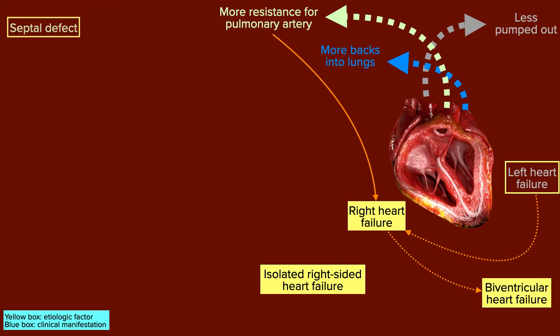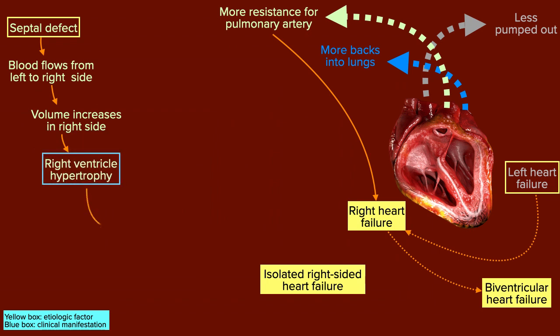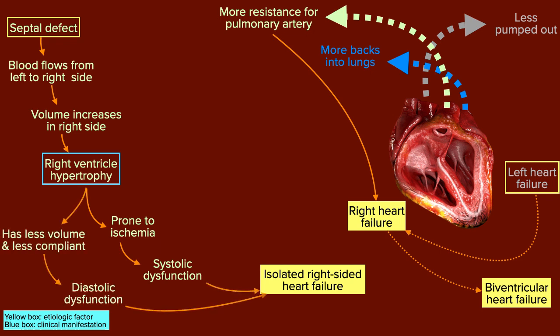In these cases, there might be a cardiac shunt like an atrial septal defect or a ventricular septal defect that allows blood to flow from the higher pressure left side to the lower pressure right side, which increases fluid volume on the right side and can eventually lead to concentric hypertrophy of the right ventricle, making it more prone to ischemia, which is a systolic dysfunction, and have a smaller volume that becomes less compliant, which is a diastolic dysfunction.